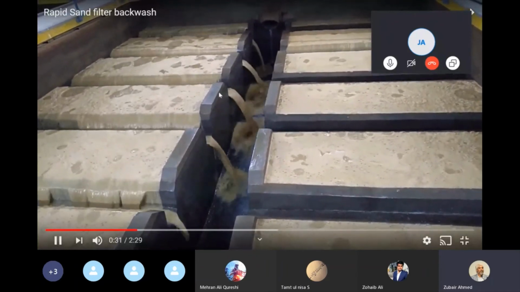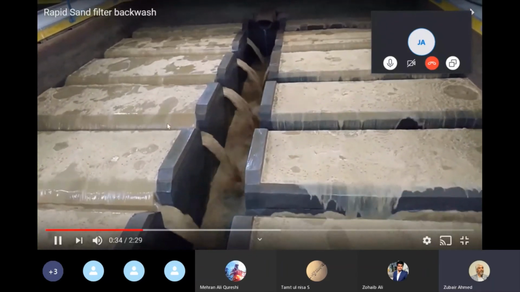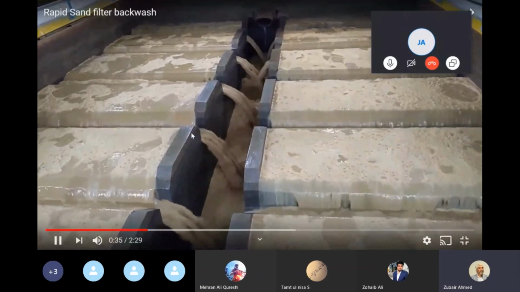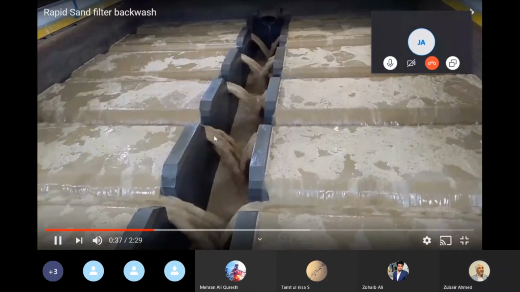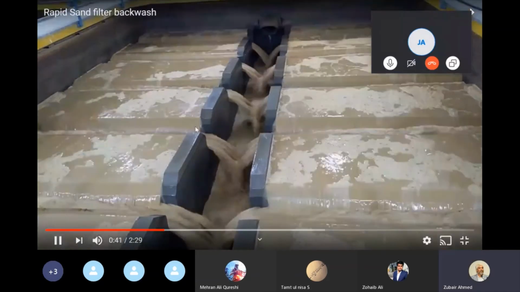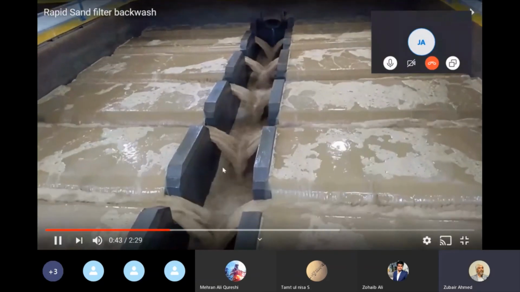Now backwash water is flowing into the wash troughs and from the wash trough into the gullet. This is the gullet.